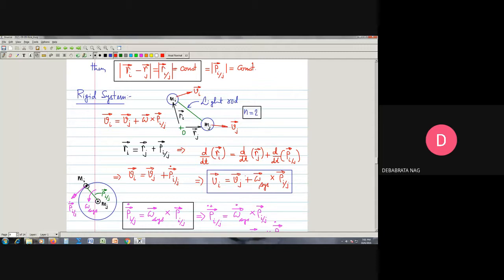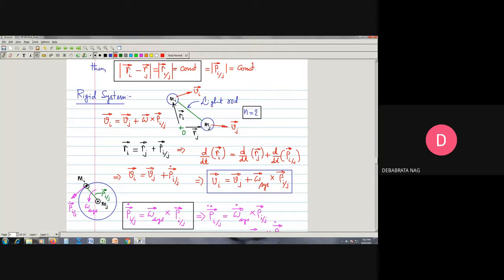V bar i is ds bar i by dt, V bar j is ds bar j by dt, and the angular velocity is d theta by dt, the relative angular displacement between the two particles.